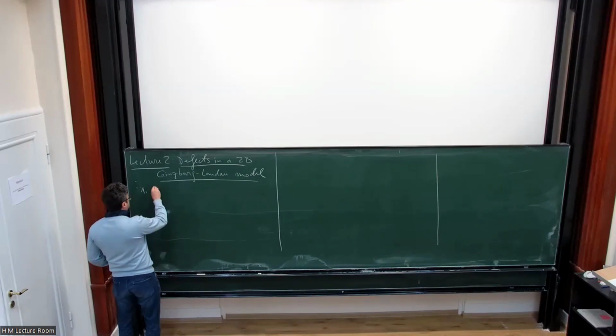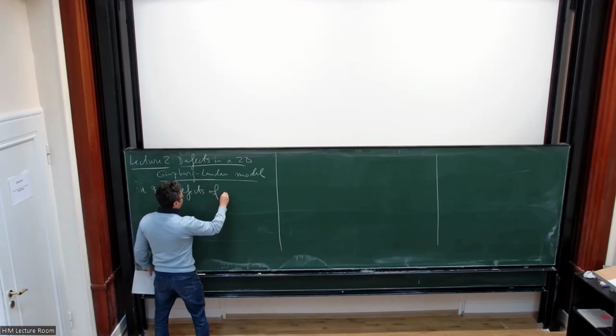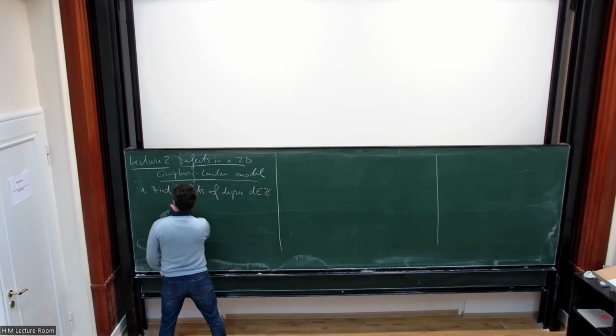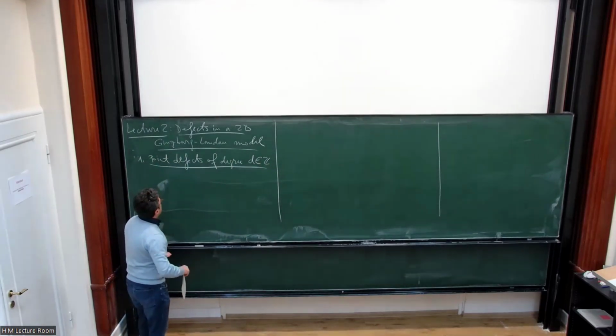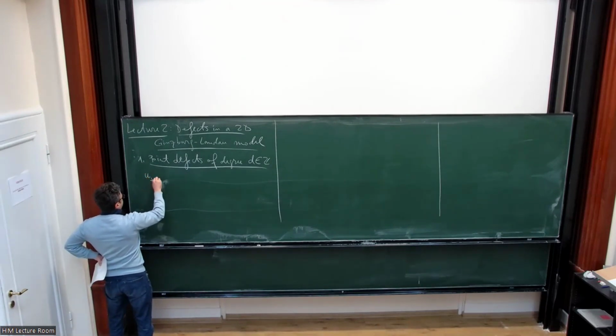I've already mentioned it. So point defects of degree d. The prototype is the following map.